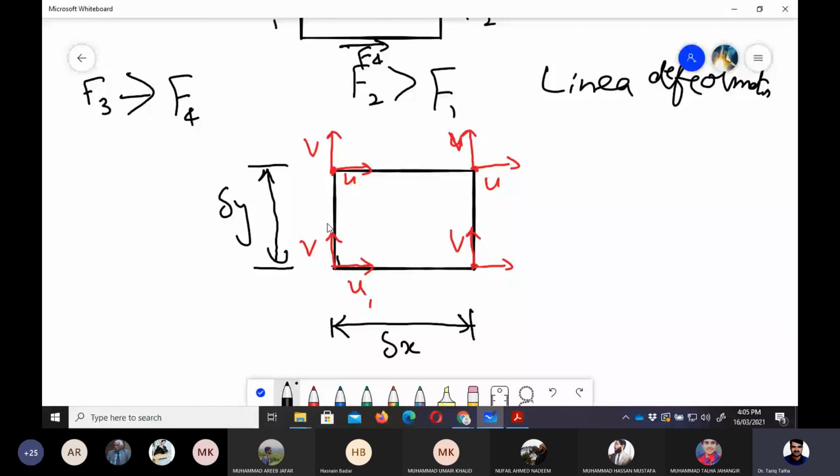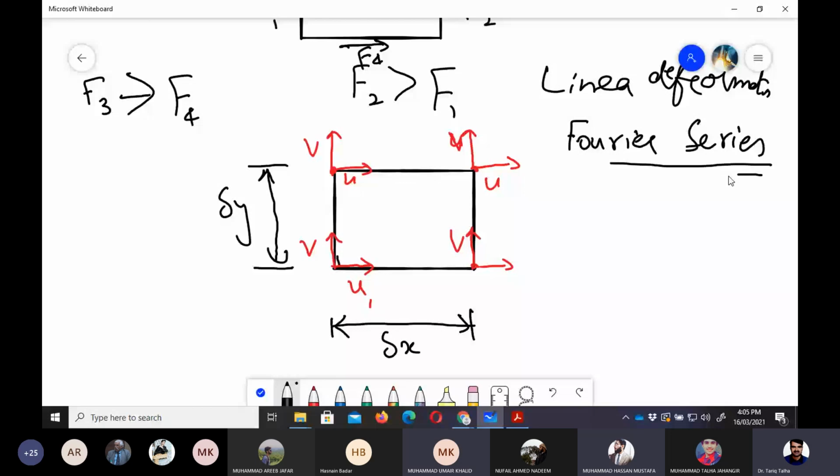Have you heard the name Fourier series? ये आपको नाम सुना हुआ है?